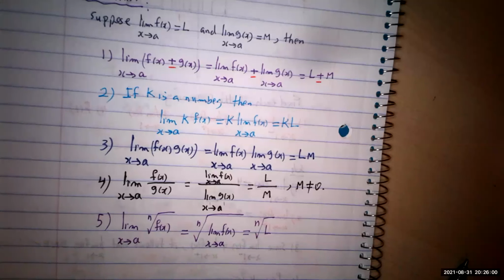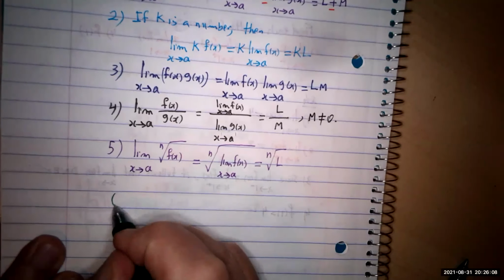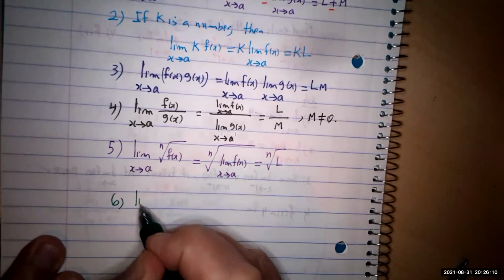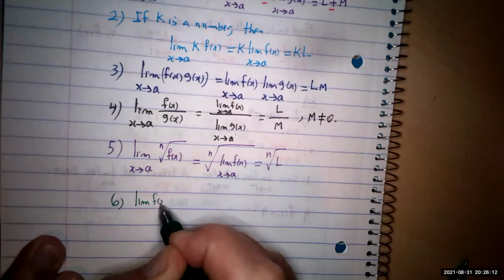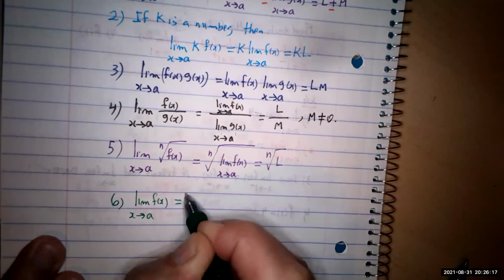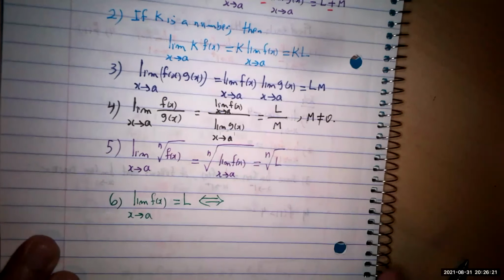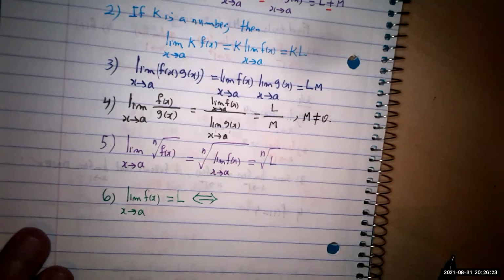Number 6, we already talked about it. If we have to take it into the one-sided, we know this theorem, we already used this one. Number 6: the limit of f of x when x goes to a is equal to L, remember, if and only if the right and the left limits happen to be the same.